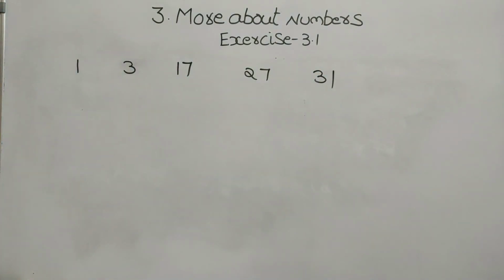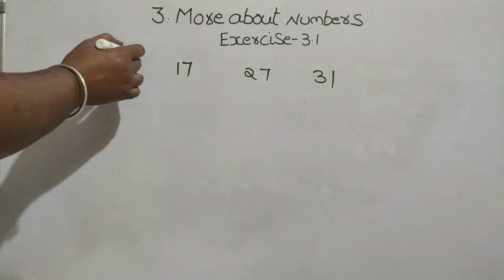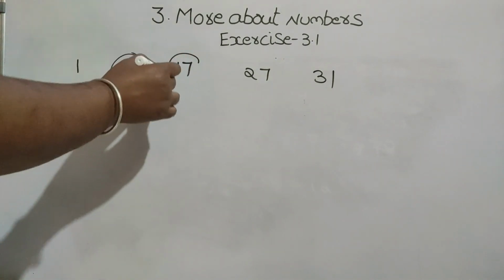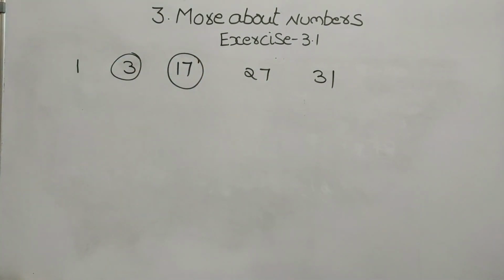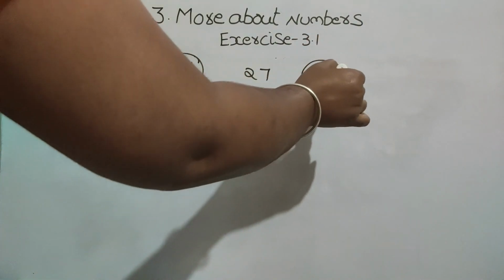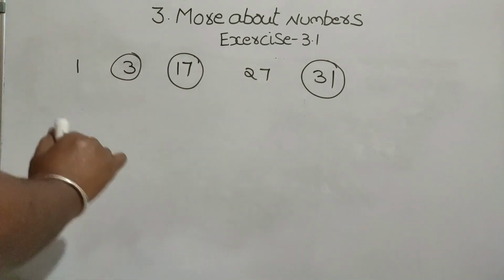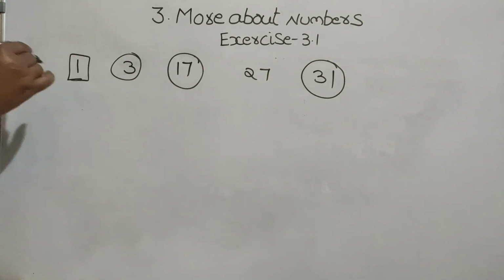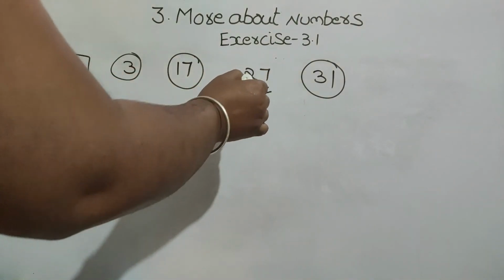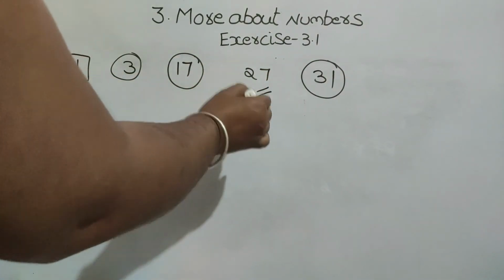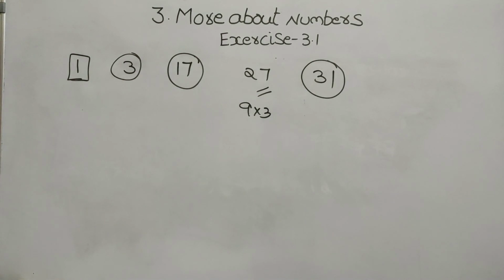In this, what are all prime numbers? We know 3 is a prime number, 17 is a prime number and 31 is a prime number. That's it. 1 and 27: 1 is neither prime nor composite and 27 is a composite number because 9 3s are 27. We have more than one factor.